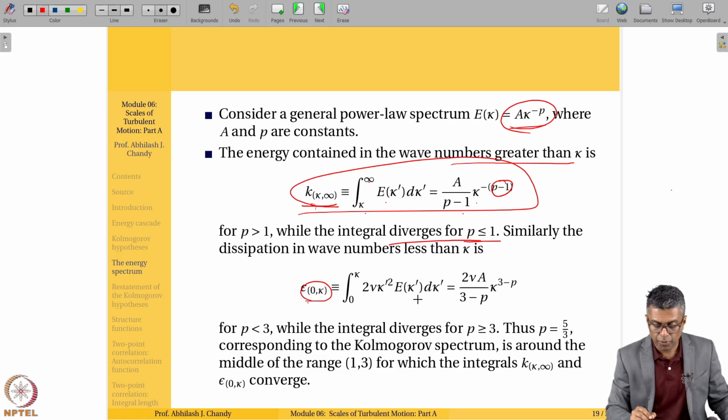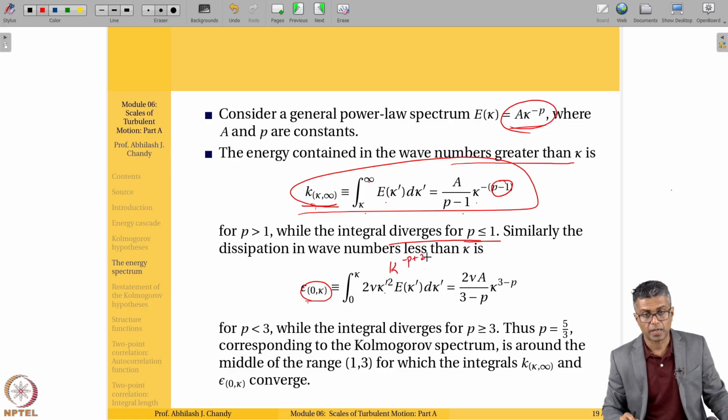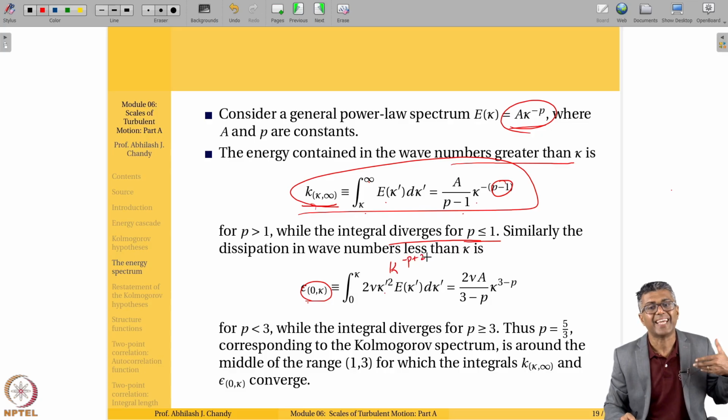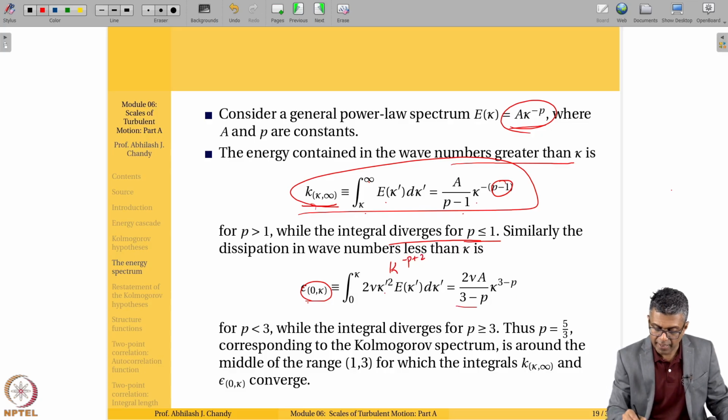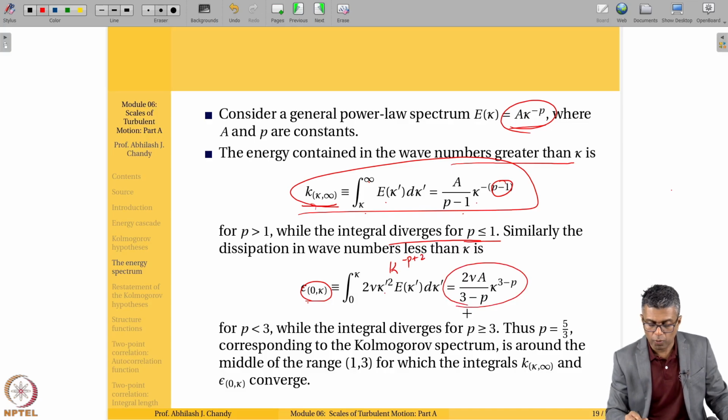All I'm doing is I take kappa squared times this kappa to the minus p, so I'm going to get kappa to the minus p plus 2, isn't it? Then I integrate that and I get 2 nu A over (3 minus p) kappa to the (3 minus p). It's a simple integration, you can do it.